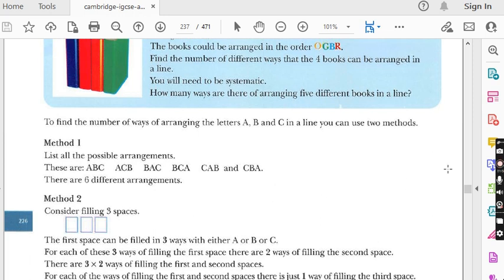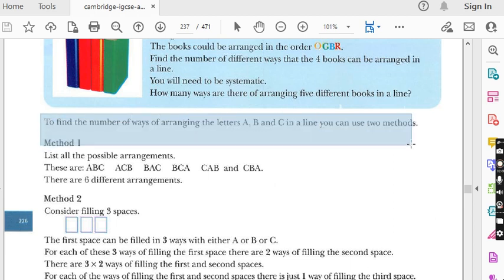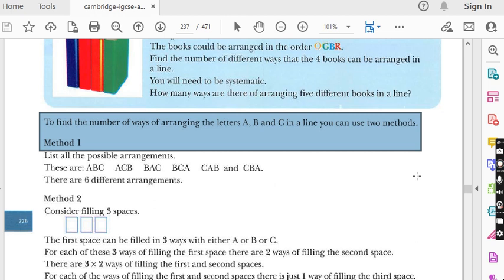Suppose we have 3 letters A, B and C. I am reading this line. So how many ways to arrange these 3 letters? There are possible arrangements. One can be ABC, then ACB, then BAC, then BCA, then CAB and then CBA.